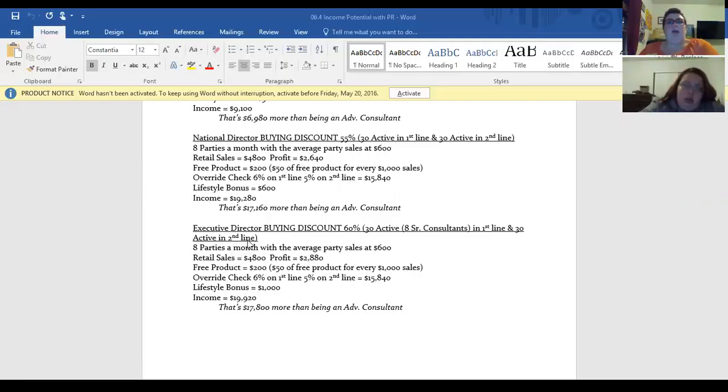So you have 30 active consultants in your first downline, and 8 of those are senior consultants, so they've signed more than 3 people. And then you have 30 people in your second downline. That's still 8 parties a month, $600 a party. So that's your pure profit at 60% is $2,880.